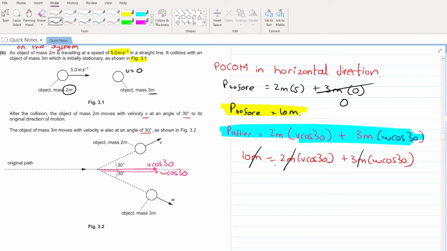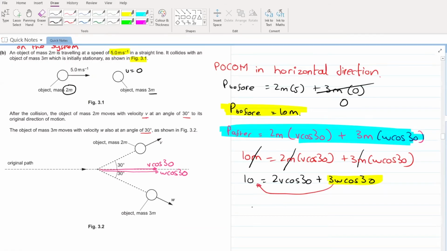ठीक है, अब v और w में equation बनानी है. How can we make an equation? 10 is equal to 2v cosine 30 plus 3w cosine 30. Let's bring this 3w cosine 30 towards the left hand side.